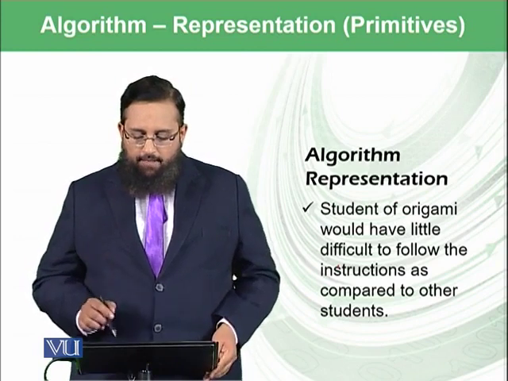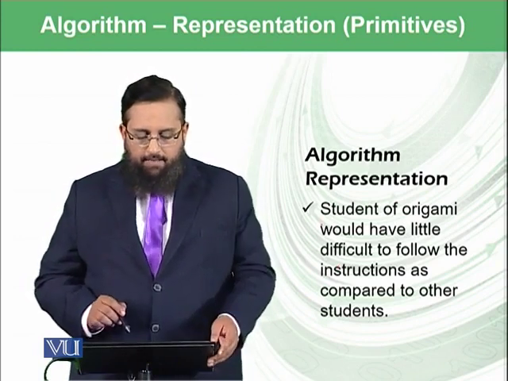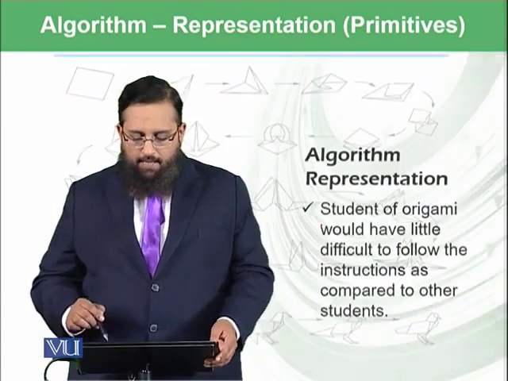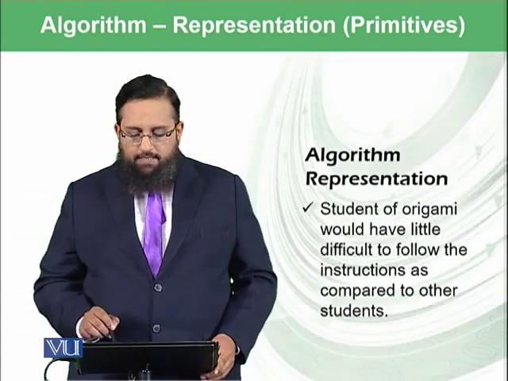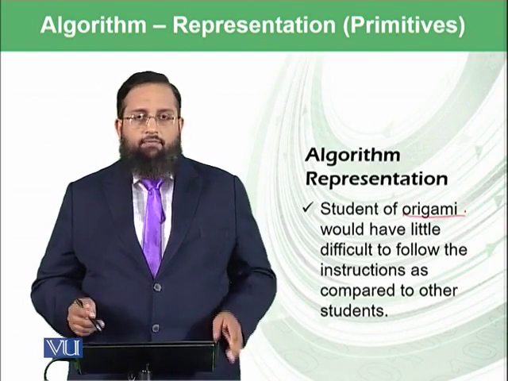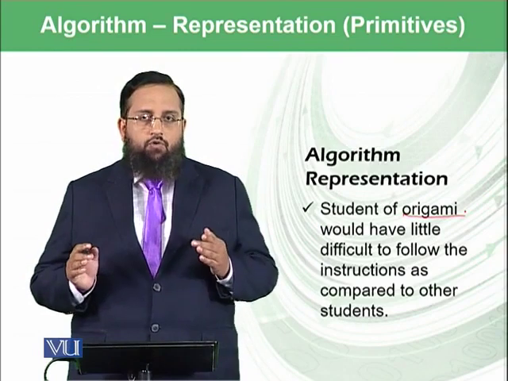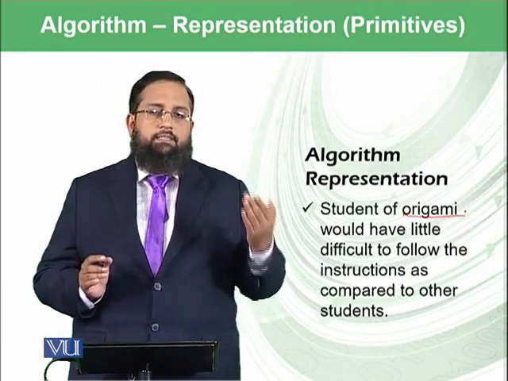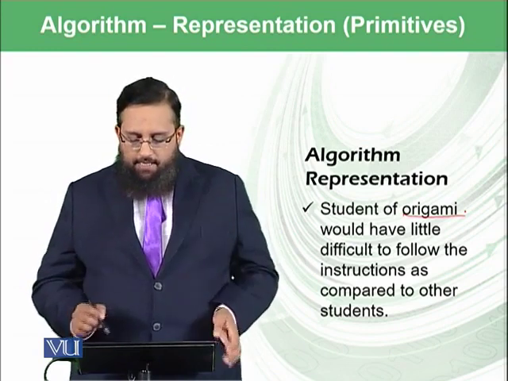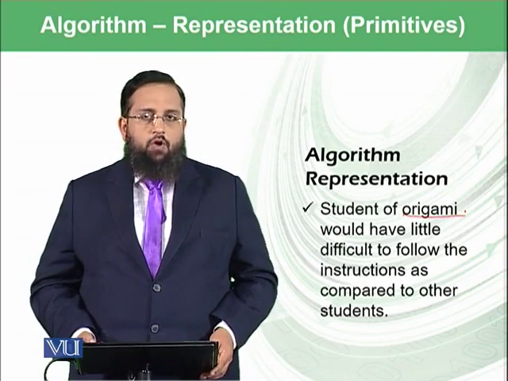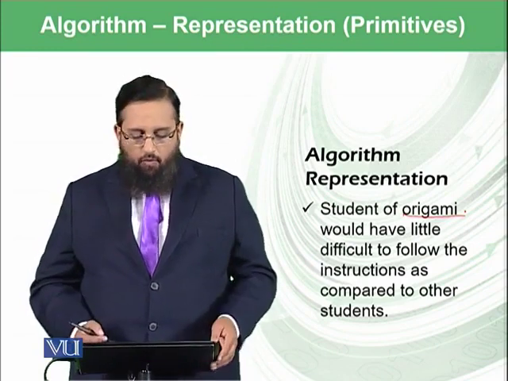So at the moment we are saying that the information which we have represented over here can be understood by a student of origami who has little knowledge about what the primitives are and what they mean. However, these symbols cannot be understood by someone who is not a student of origami.